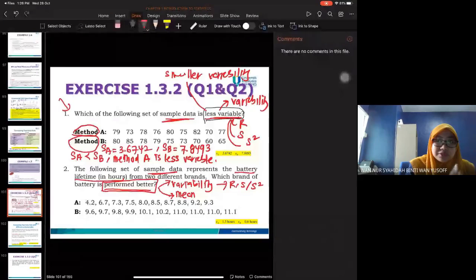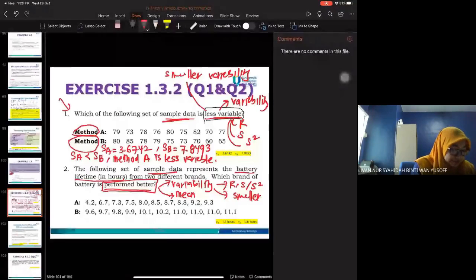We know that probability is always the smaller one. For better data, the probability must be smaller. It is clear here: probability must be smaller, then it performs better.